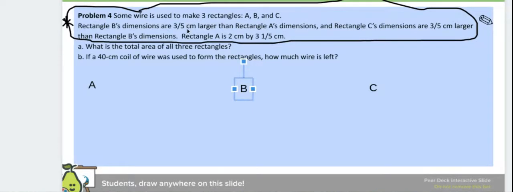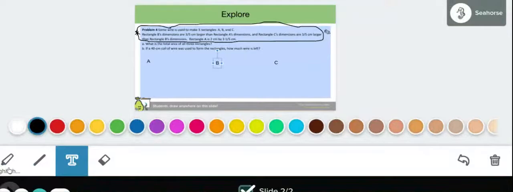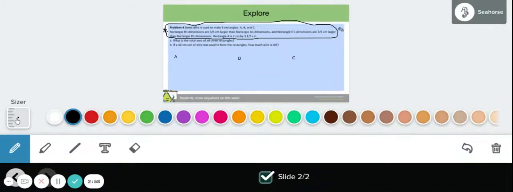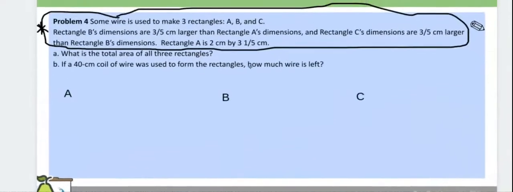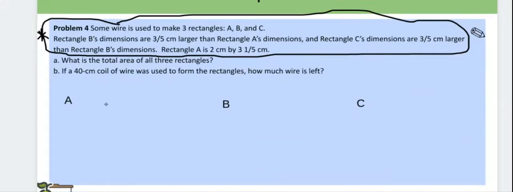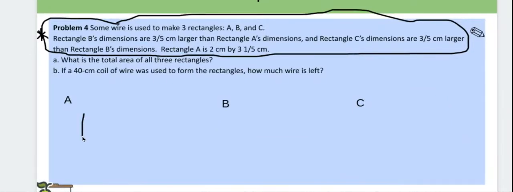So the one thing that we do know is the measurements of rectangle A, right? So rectangle A is 2 centimeters by 3 1/5 centimeters. So the length of rectangle A is 2 centimeters.